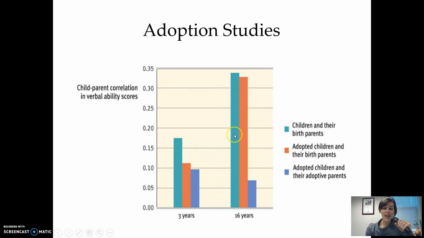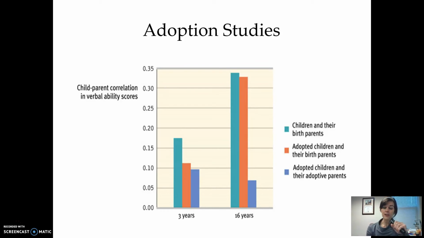By the time that you get to 16 years of age, you'll notice that children have a strong correlation with their birth parents, as do adopted children with their birth parents. On the other hand, you'll notice that there's not really much of a correlation between adopted children and their adoptive parents. So intelligence has a sizable genetic component.